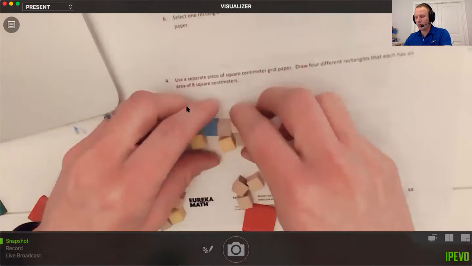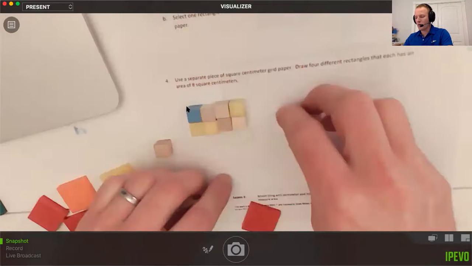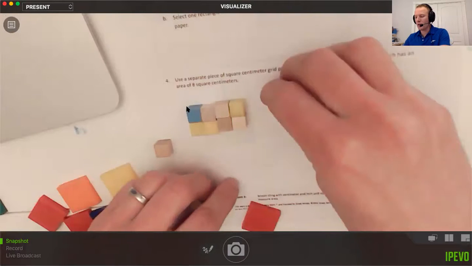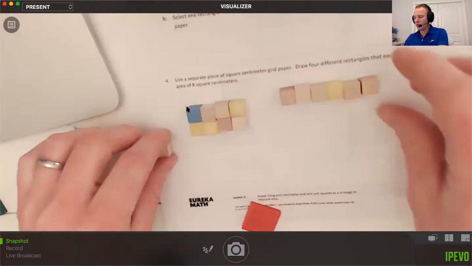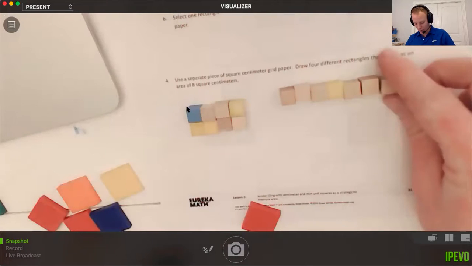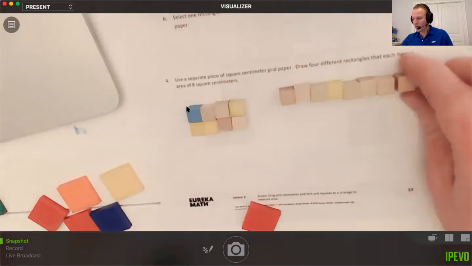Here we go. This one is a 2x4. This one's a 1x8. 5, 6, 7, and 8. And there's no other two numbers that multiply together to make 8.